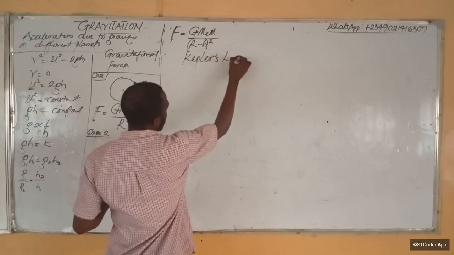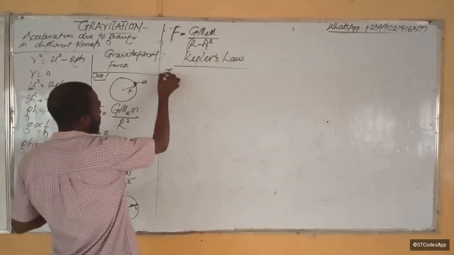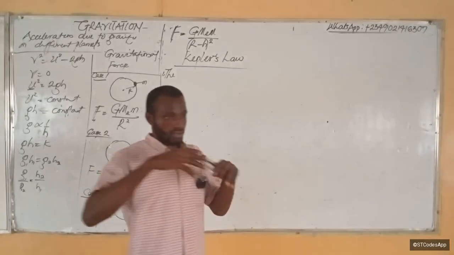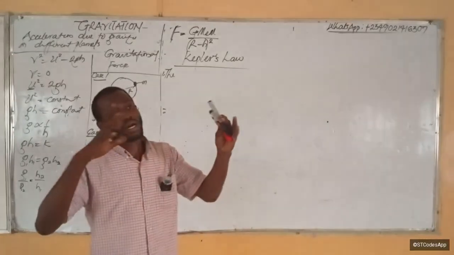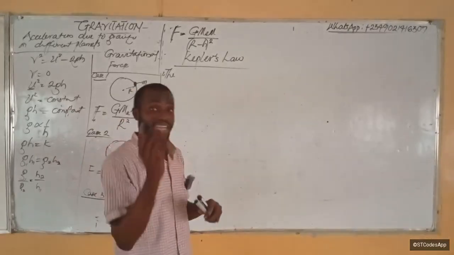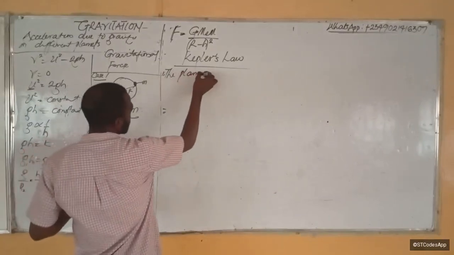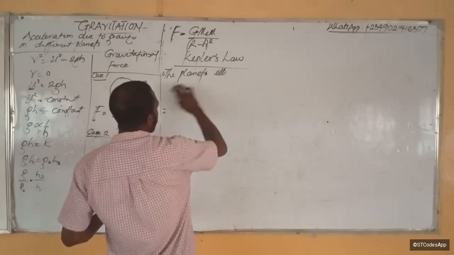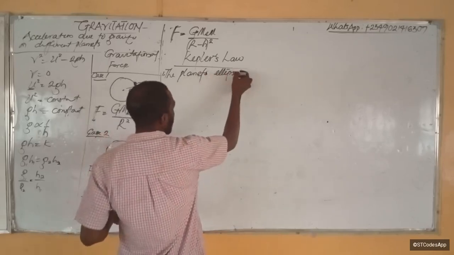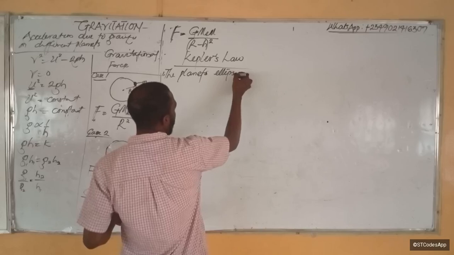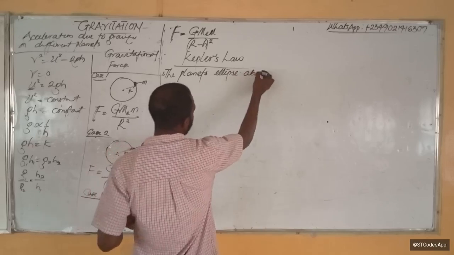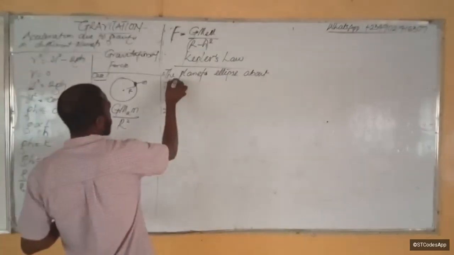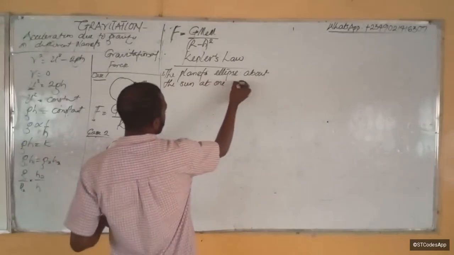There are 3 Kepler's laws, and the first one is that each planet moves in an ellipse about the sun, with the sun at one focus.